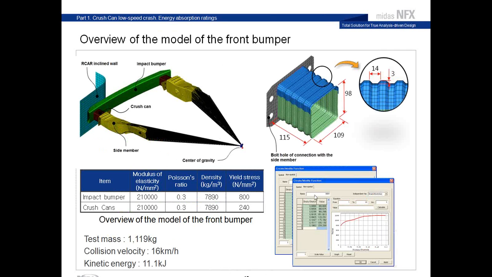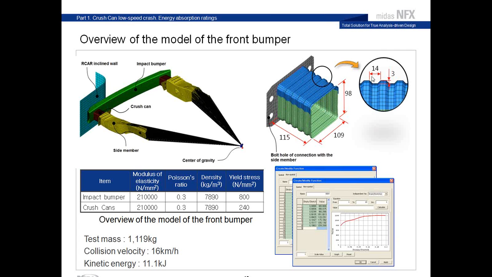And here you have the FEA model. So you have this bumper and the side members, and here the body of the car is modeled using rigid links and concentrated mass. So you don't need to model all the car to perform this analysis. You can replace the main part of the body using this kind of concentrated mass.